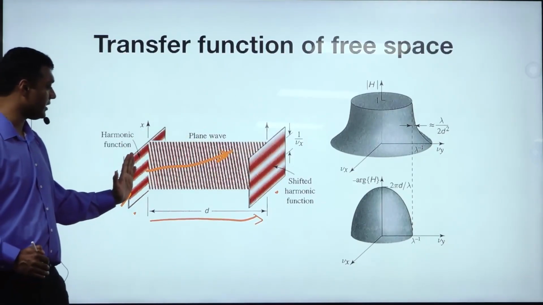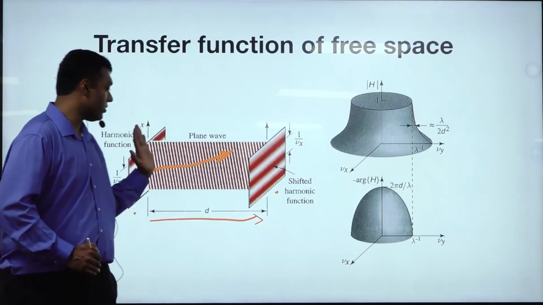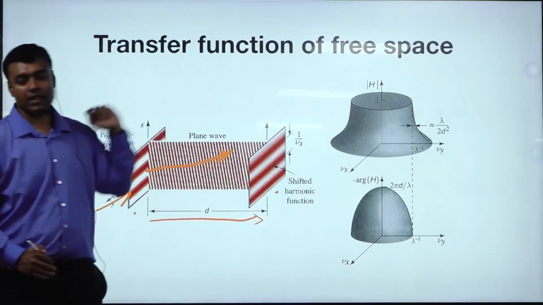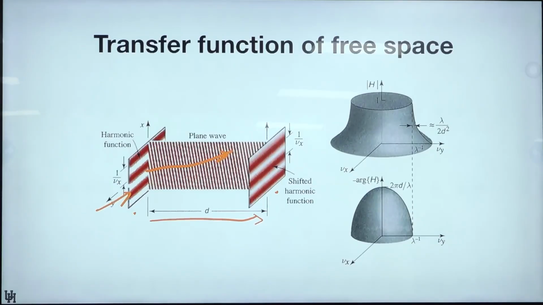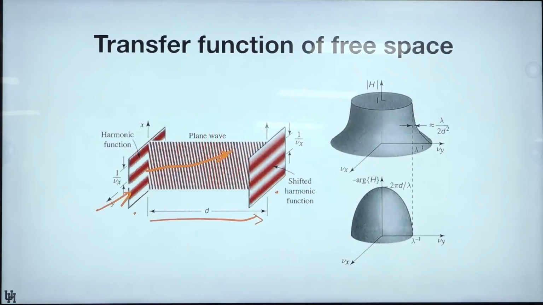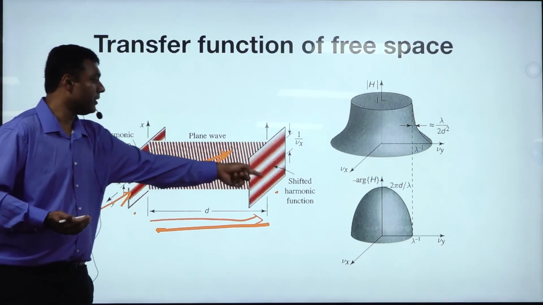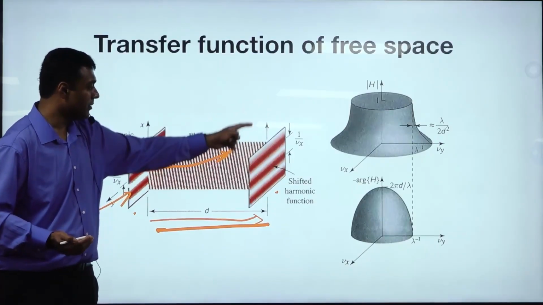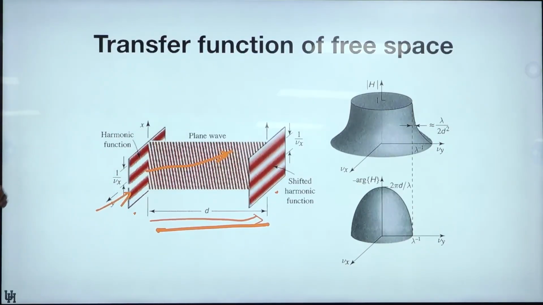So for a single plane wave in a certain direction, the magnitude of the frequency is the same, but the phase of this wave has shifted, and that is essentially what we mean by the transfer function of free space.